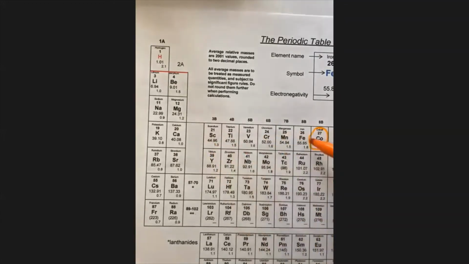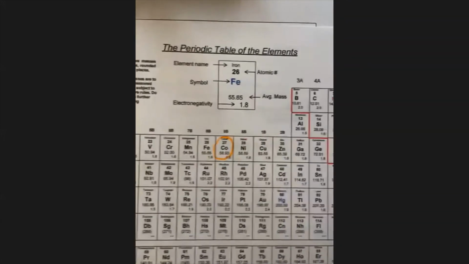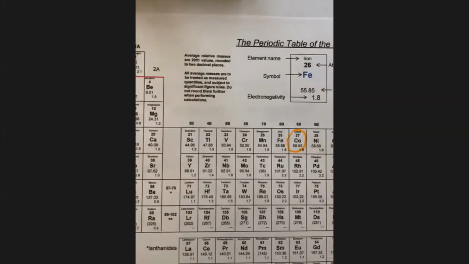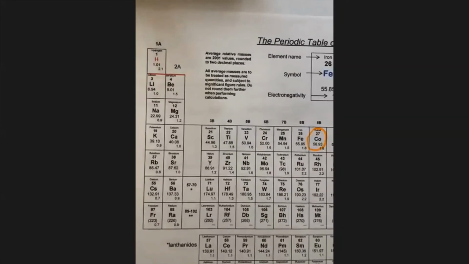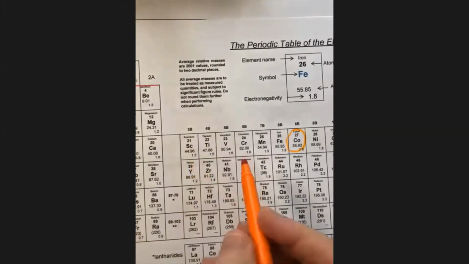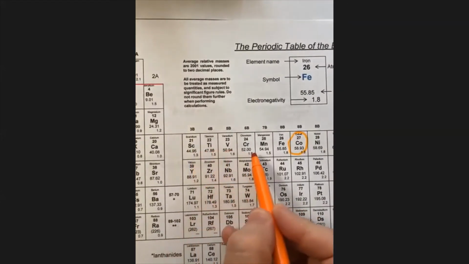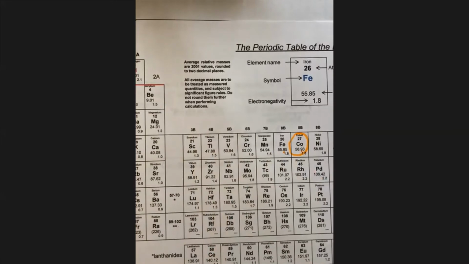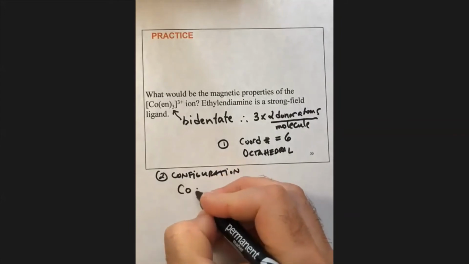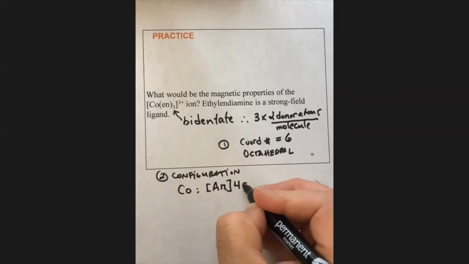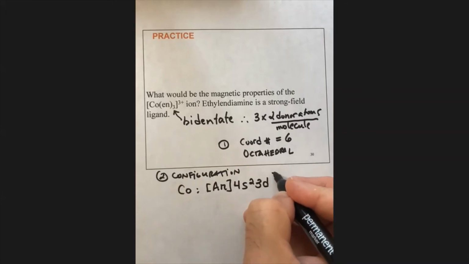It's in period 4, which means that it has a core of argon, and then it will have 2 electrons in the 4s subshell, and then 1, 2, 3, 4, 5, 6, 7 electrons in the d subshell. So let's write that out. For cobalt, we have a core of argon, 4s2, 3d7.